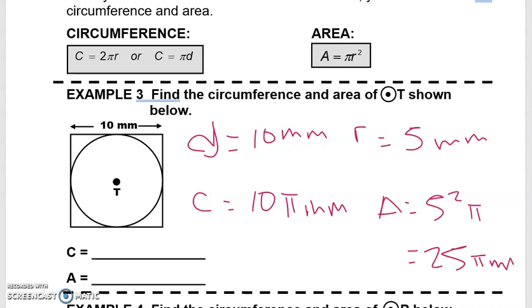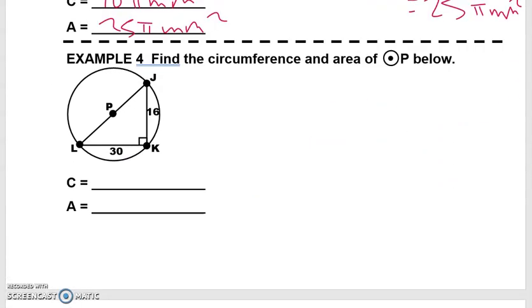And that will be millimeters squared. So if you want to write that here, 10 pi millimeters, 25 pi millimeters squared. Easy peasy, right? Okay.